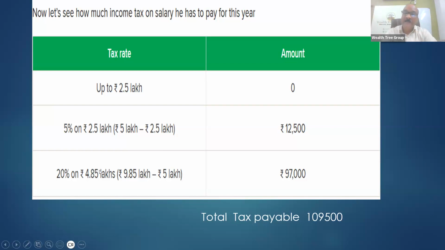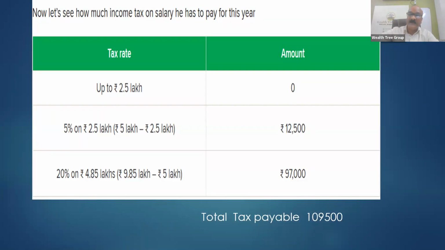It is not that because you are coming to a total of 9.85 lakhs, you will straight away pay 20% on that. For the first 5 lakhs you pay the lower rate, and only the balance amount is taxed at the higher rate. So it is not that you pay 20% on the complete amount.